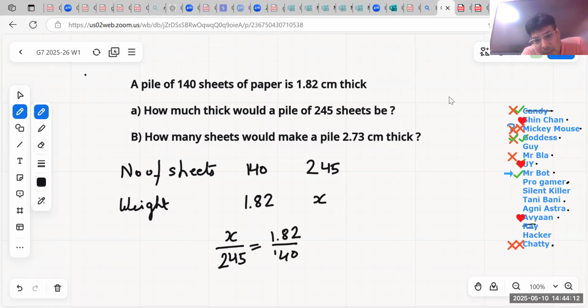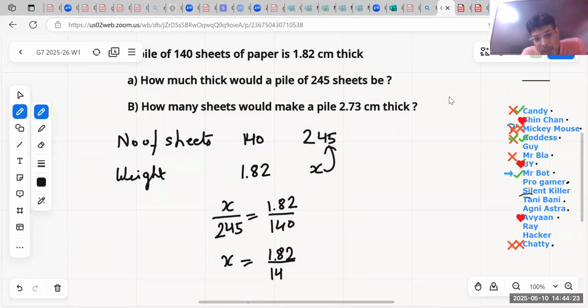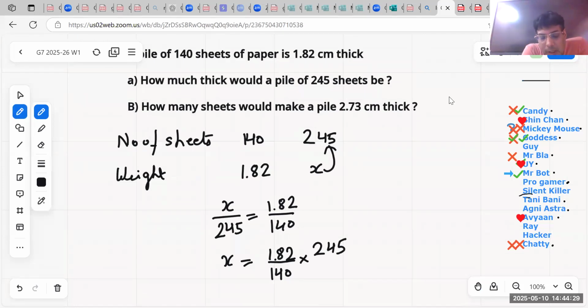Directly मैंने X upon 245 कर लिया. So X will be equal to 1.82 upon 140 multiplied by 245. Now guys, when you come to grade 7, simplification gradually becomes difficult and difficult and difficult.